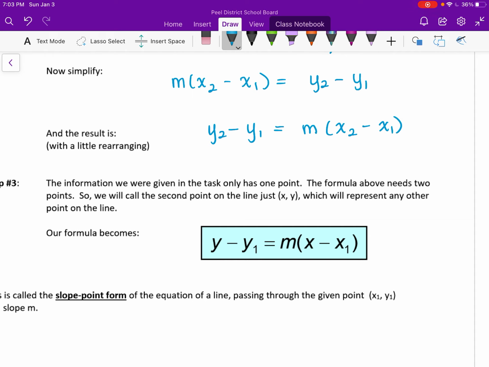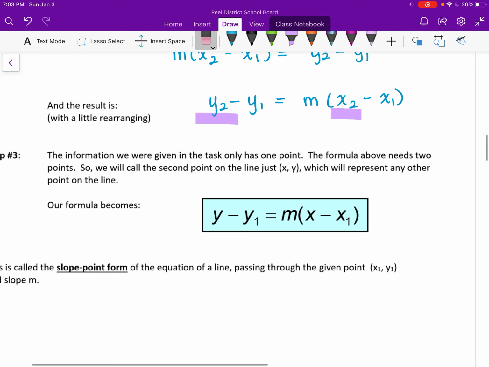What we do when we write this equation again is say that the second point is just x and y. So we replace this x2 and this y2 with x and y. The y2 becomes y, the x2 becomes x, and our new formula is y minus y1 equals m(x minus x1), where x1 and y1 are the different points that we have.